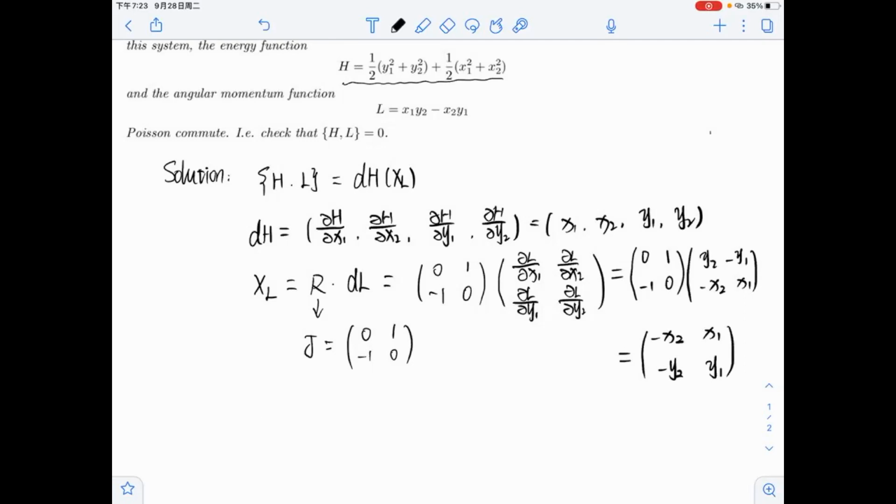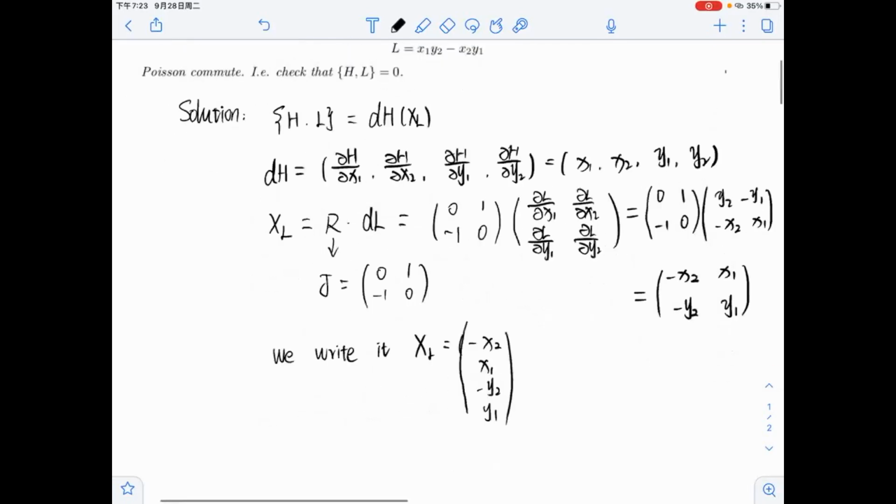So we write it as XL is equal to (-x2, x1, -y2, y1).